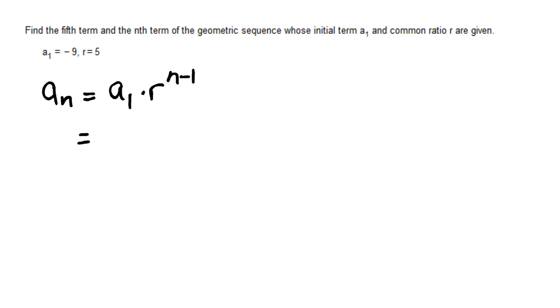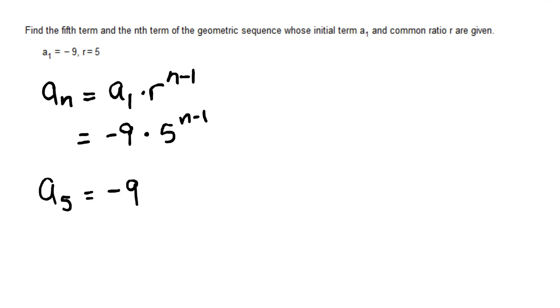We're given both of those things, so our nth term of this sequence is negative 9 times 5 to the n minus 1 power.